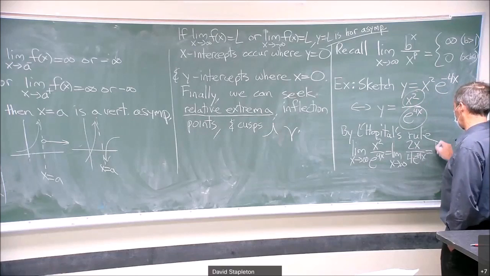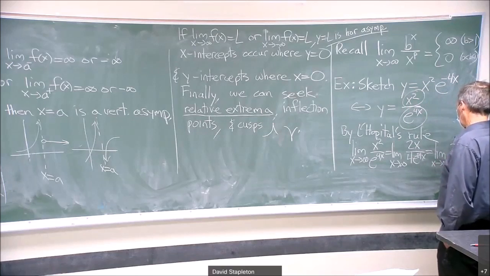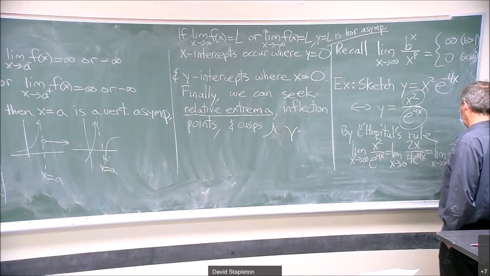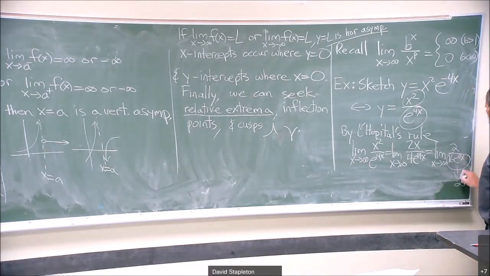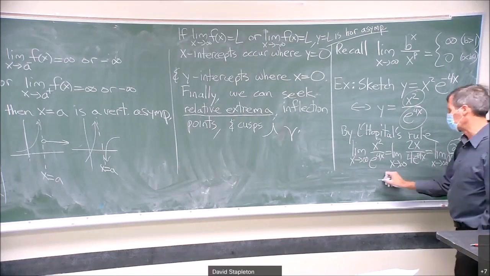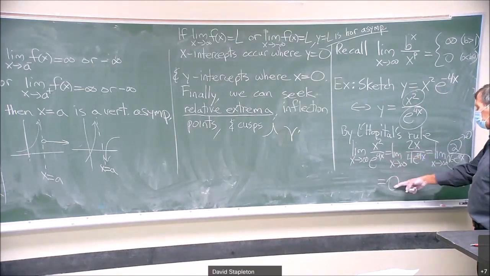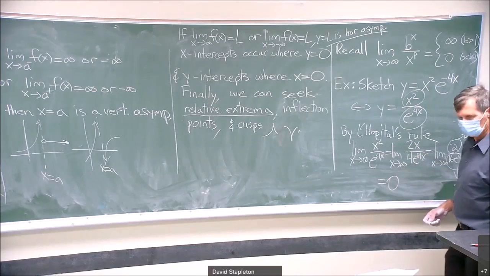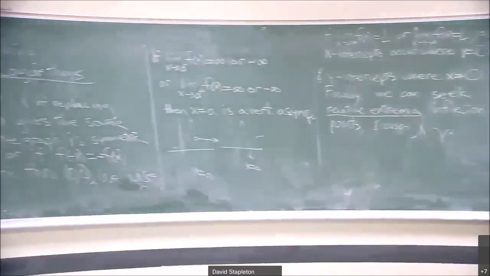But if we take the derivative over the derivative again, we get 2 over 16 e to the 4x. And now the bottom's going to infinity, but the top's going to 0. So L'Hopital's rule says this limit is 0. We have a horizontal asymptote, therefore, y equals 0, since the limit here is L equals 0. So there's our first thing we can sketch, our asymptote.